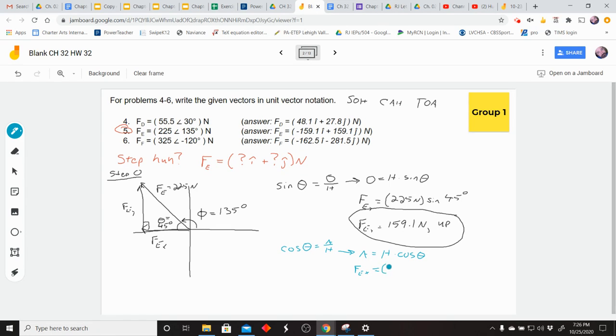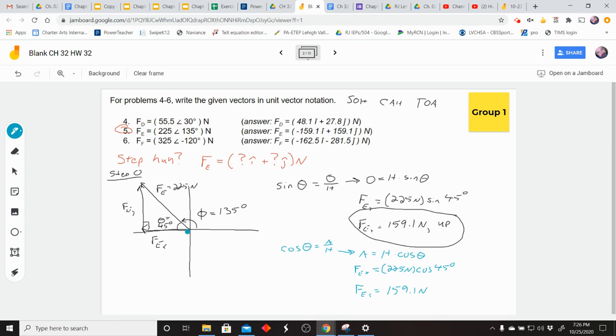H is still going to be 225 newtons times cosine of 45 degrees. So ask your calculator, 225 newtons times cosine of 45, and it's going to tell you F sub E sub x is equal to 159.1 newtons. It's a 45-45-90 triangle, so that side will be the same as the other one.